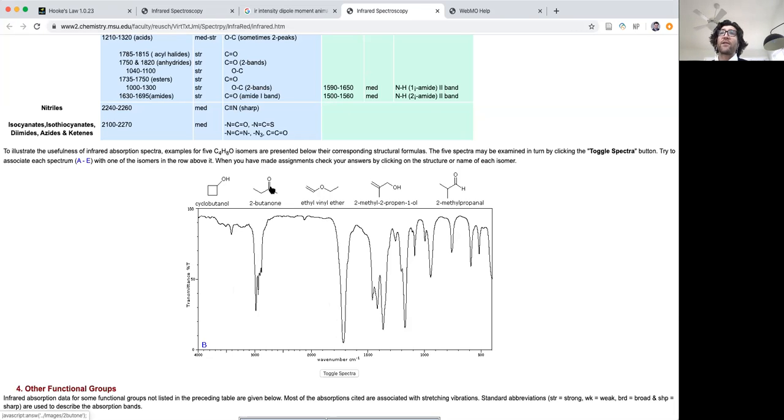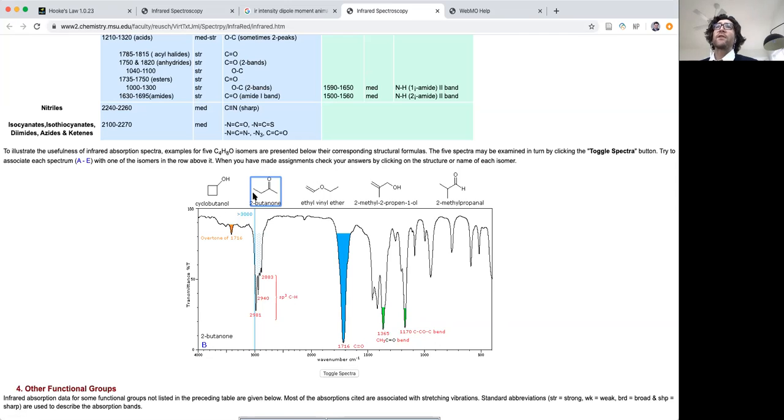In fact, if we have a look, we can see that not only are there a few types of stretches, the CH stretches here, but we can see the CO stretch, as well as some much more difficult to spot bending vibrations. Mainly in this class, we're going to focus on frequencies to the left of 1500. So you won't have to worry about trying to deduce the properties of all of these peaks here.